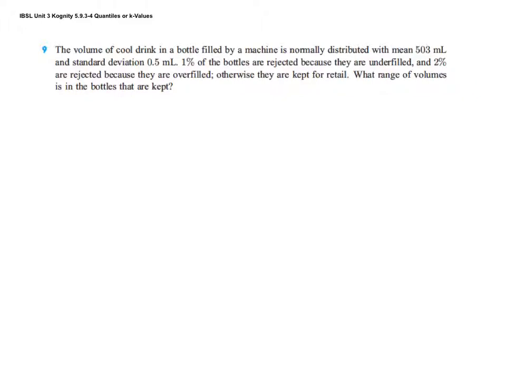Says the volume of cool drink in a bottle filled by a machine is normally distributed with a mean of 503 milliliters, standard deviation of 0.5 milliliters. 1% of the bottles are rejected because they're underfilled. 2% are rejected because they are overfilled. Otherwise, they're kept for retail. What range of volumes is in the bottles that are kept?